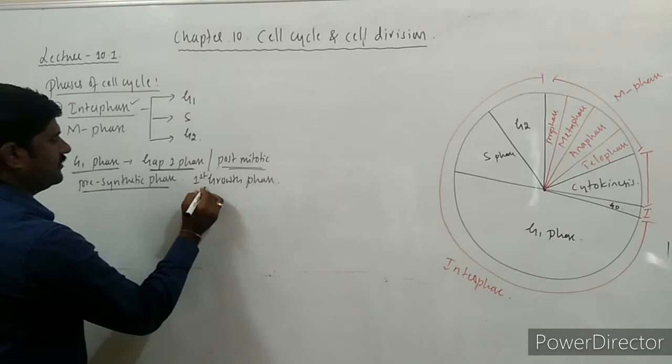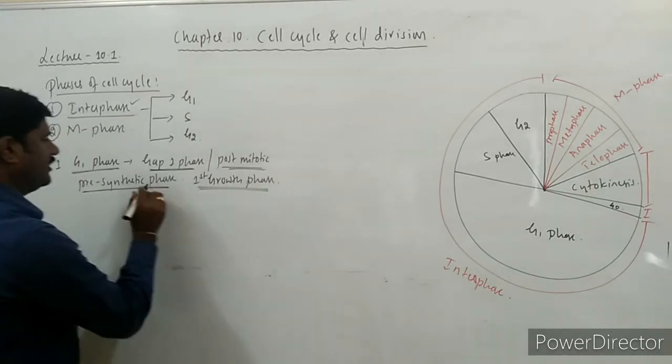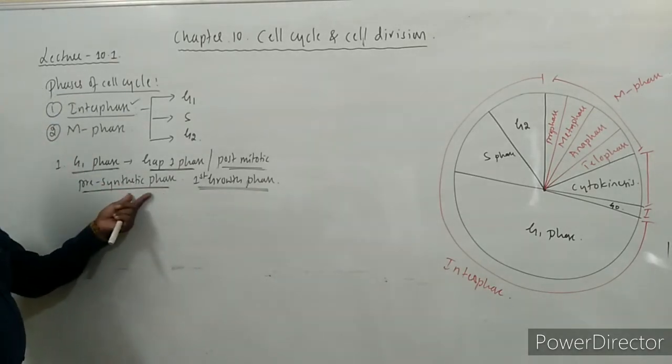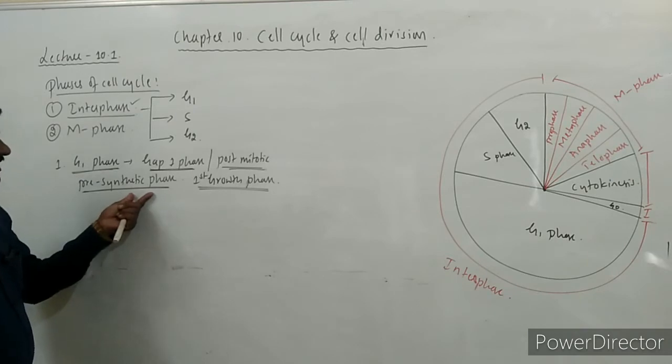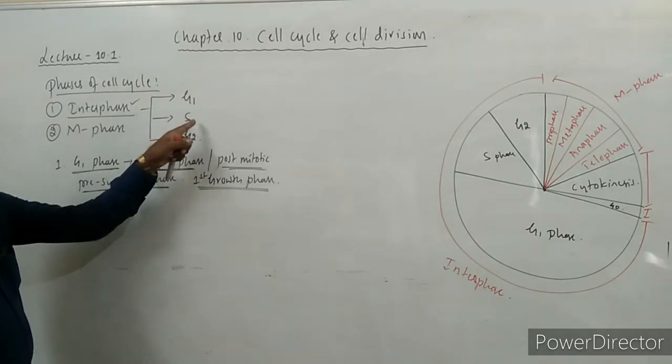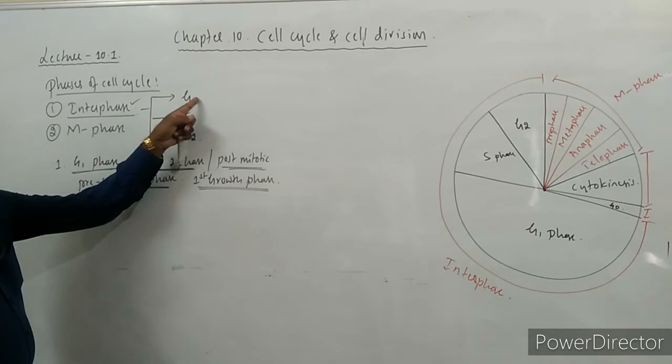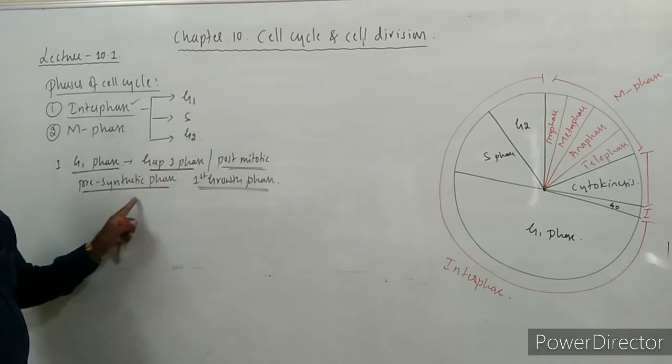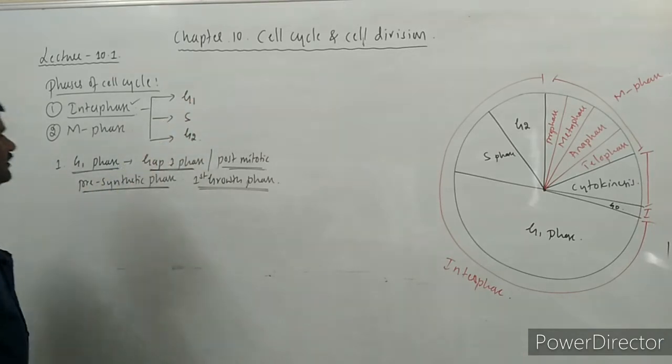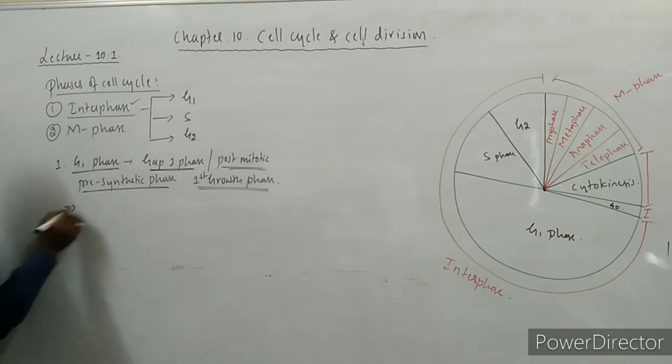Why is it called pre-synthetic phase? Because the synthesis of the genetic material takes place in S phase. That's why before the S phase this phase is there, hence it is called pre-synthetic phase, right? So let us see what happens over here.